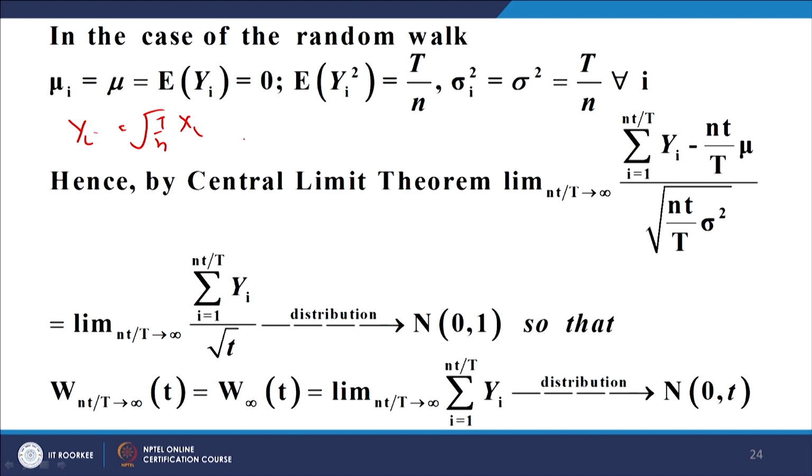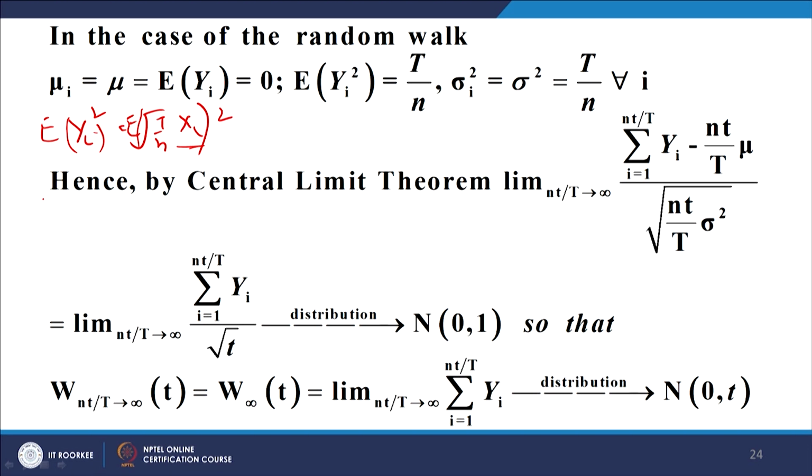Now, the stochastic part is xi; under root t upon n is not stochastic. So, when you take the expectation of both sides and square this, this under root t upon n can be taken outside the expectation operator. You get t upon n E of xi square.